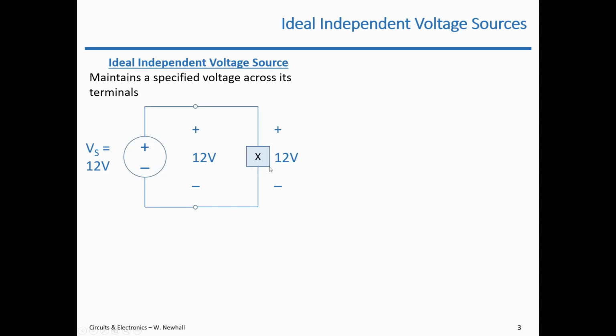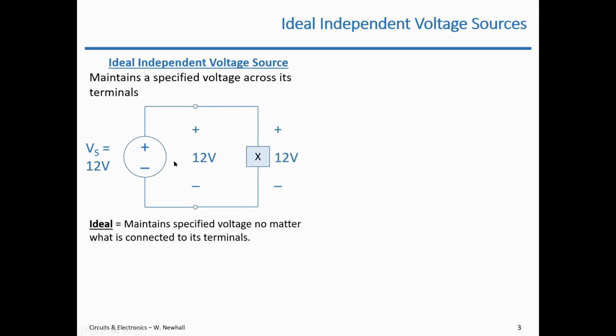In this case, circuit element X, right? That could be a light bulb, that could be anything. So it's ideal because it maintains a specified voltage no matter what is connected to its terminals, almost, right? You could connect something that uses a milliwatt or a megawatt in theory, and 12 volts will be maintained if you draw this symbol.